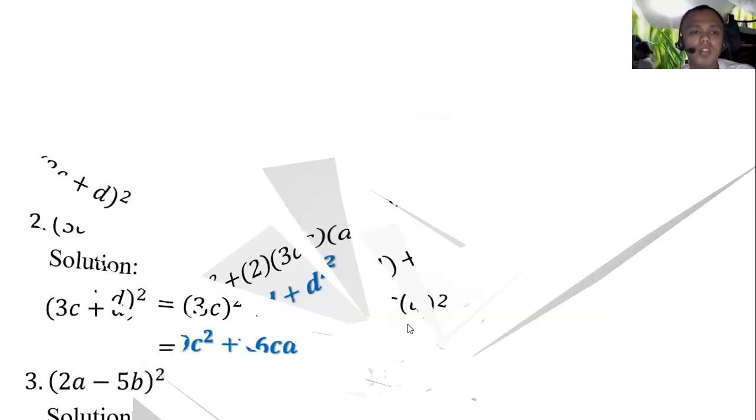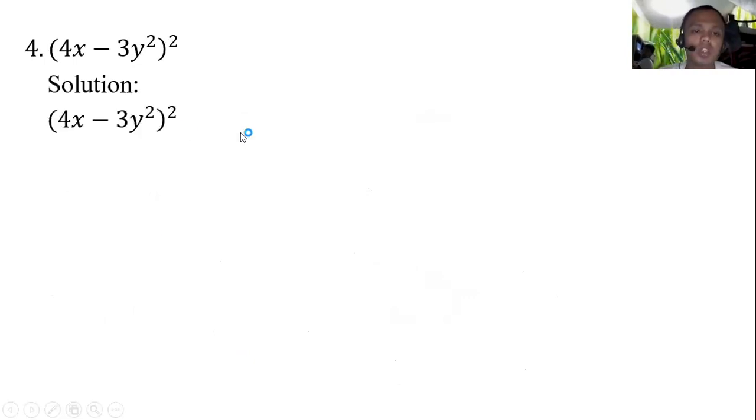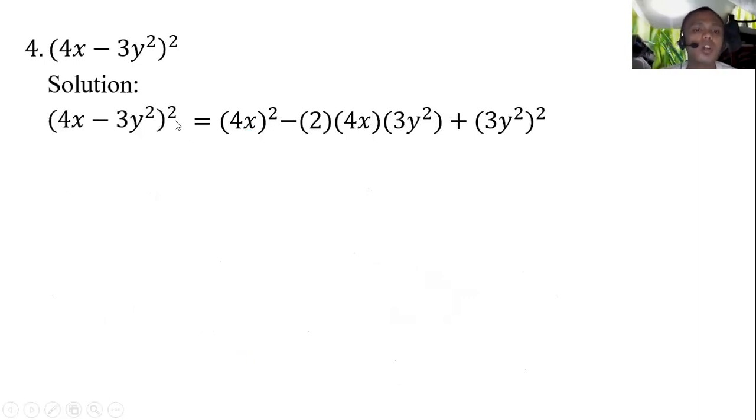Now, how about this one? We have 4x minus 3y squared, raised to 2. Again, ganun pa rin. I-square muna natin first term. We have 4x raised to 2. And minus, kasi minus 2 eh. 2 times 4x times 3y squared plus 3y squared raised to 2 ulit. Now, 4x raised to 2 is equal to 4x times 4x, that is 16x squared.